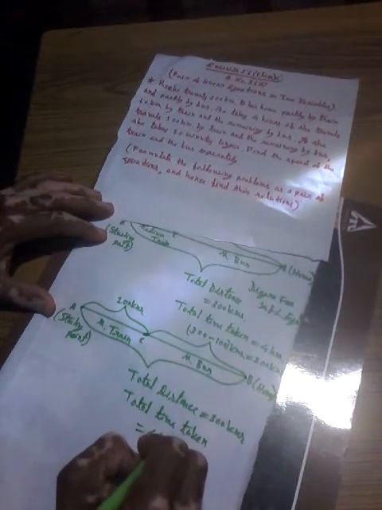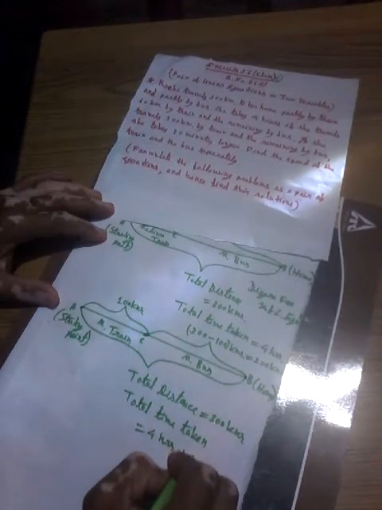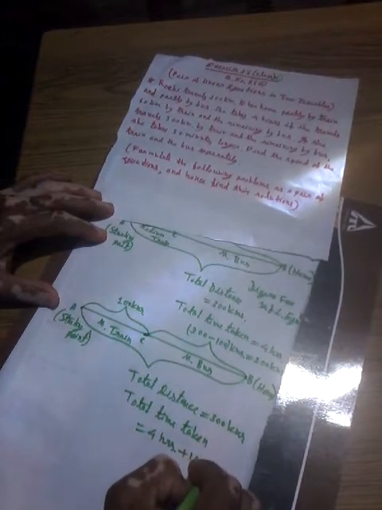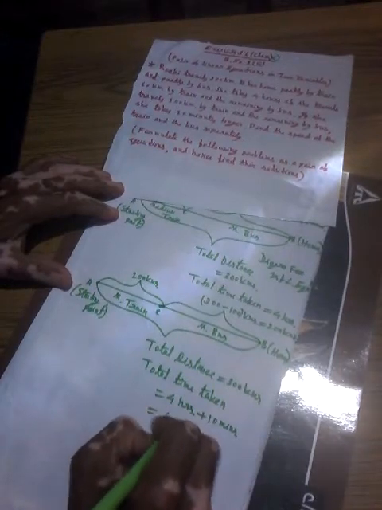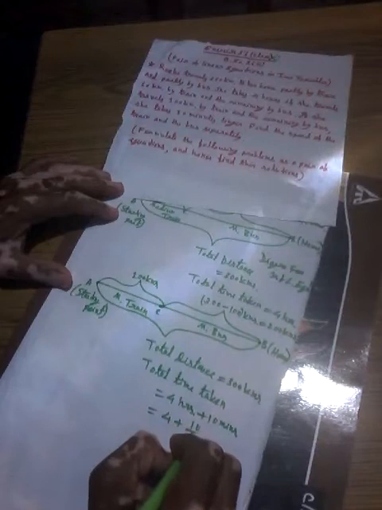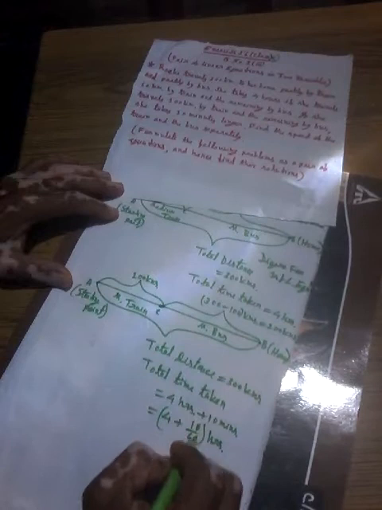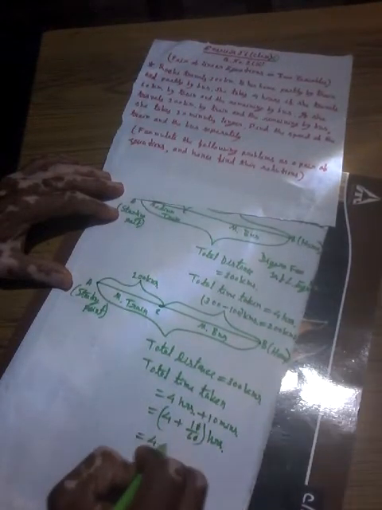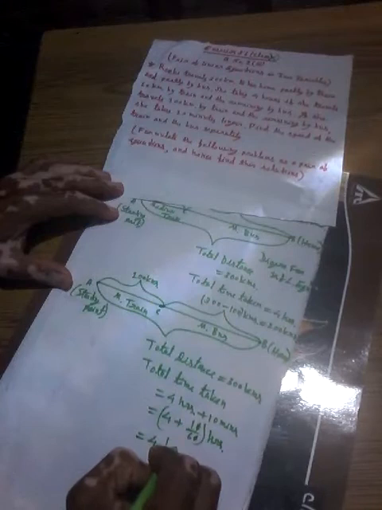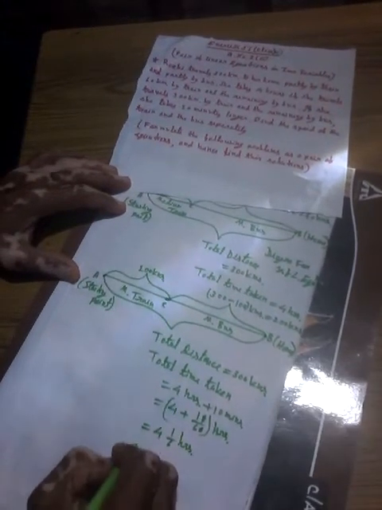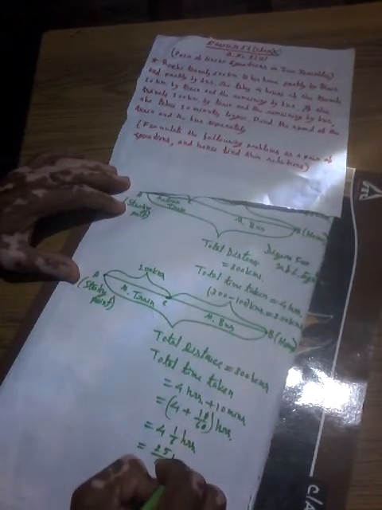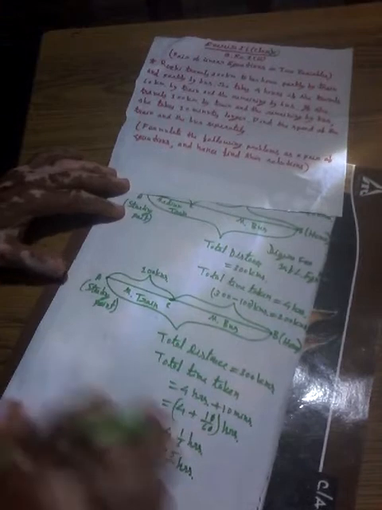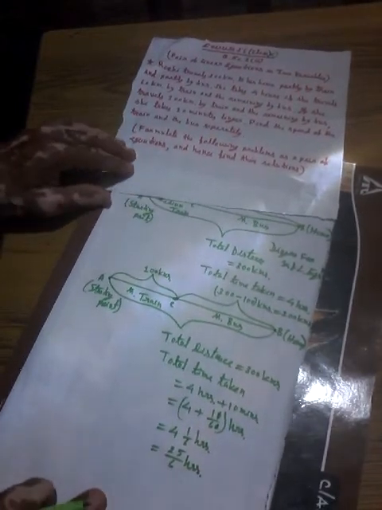So 4 hours plus 10 minutes is equal to 4 plus 10 by 60 hours. This is again equal to 4 and 1 by 6 hours, which is again equal to 25 by 6 hours. So this time she takes more.